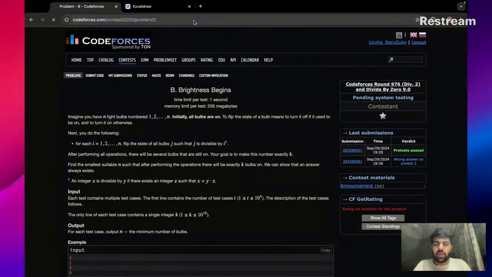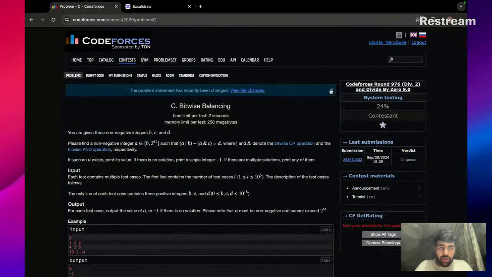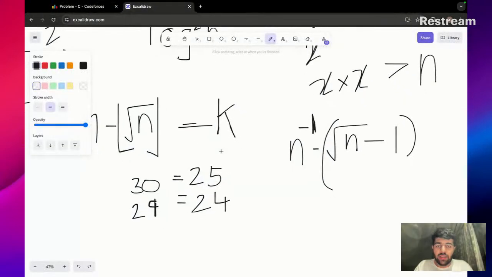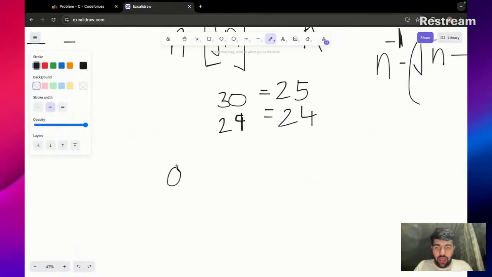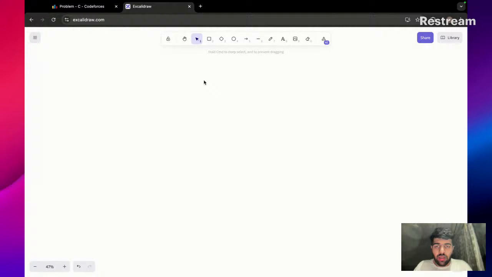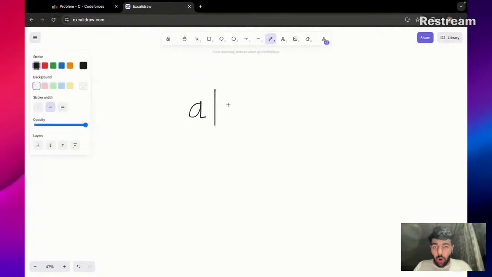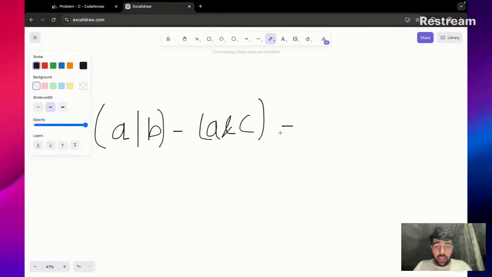Now coming to C. So the C problem states that I want to find a number A such that (A or B) minus (A and C), these are in brackets, is exactly equal to D, right?